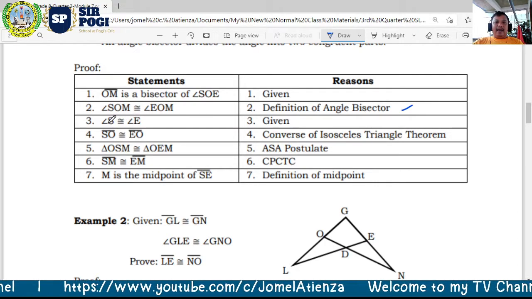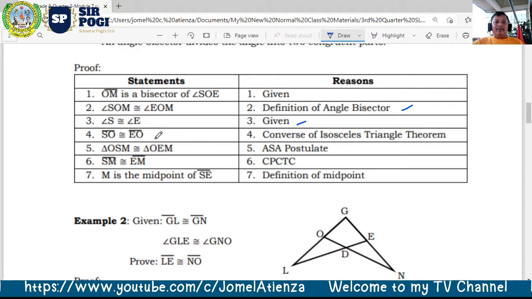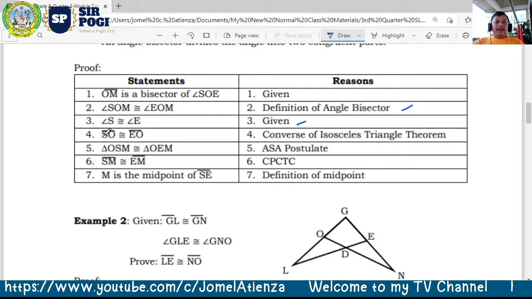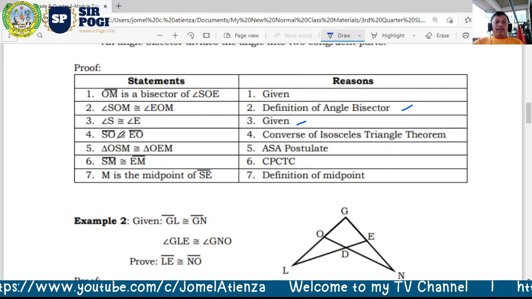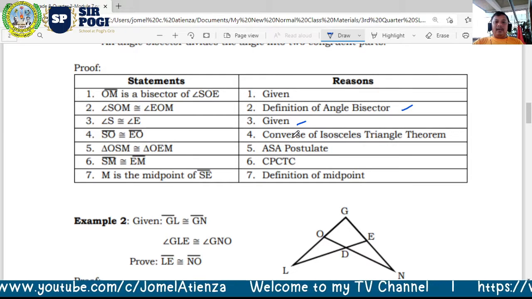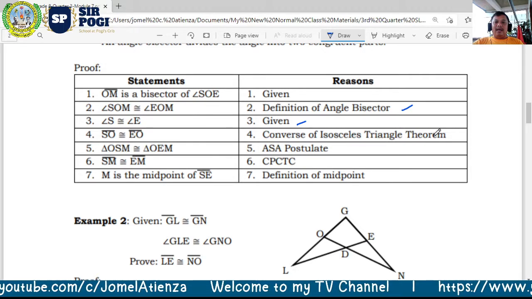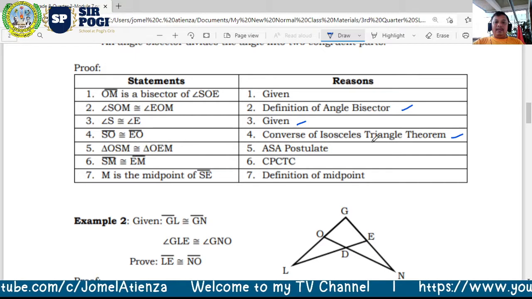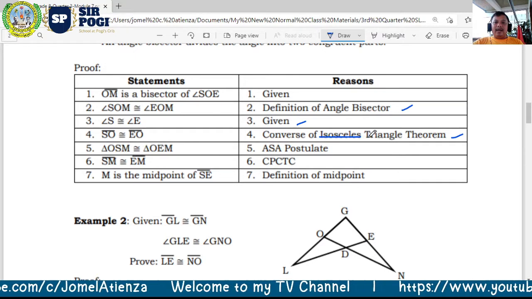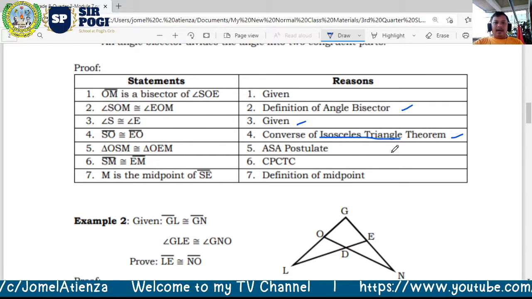And angle S is congruent to angle E. So that is given. And then, segment SO is congruent to segment EO. So of course, the reason behind is the converse of the isosceles triangle theorem. Pag sinabi natin isosceles triangle, two sides are equal in the two triangles.